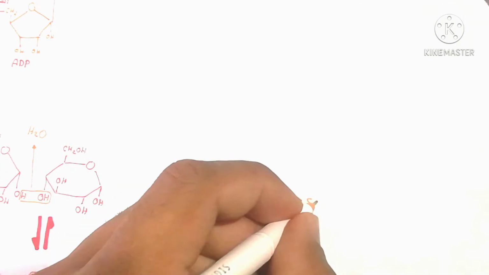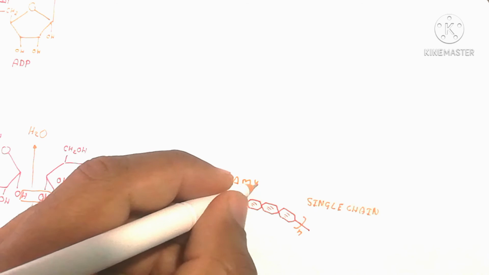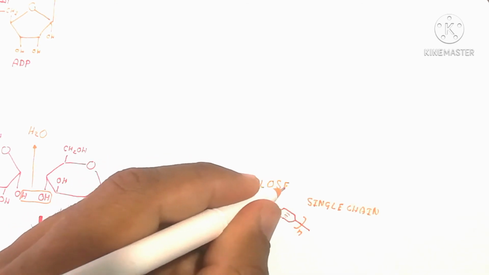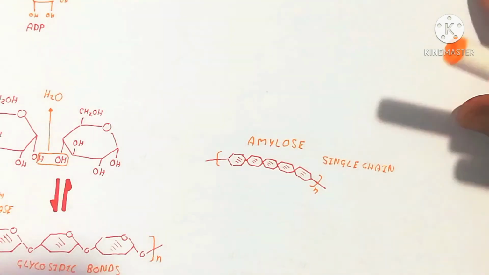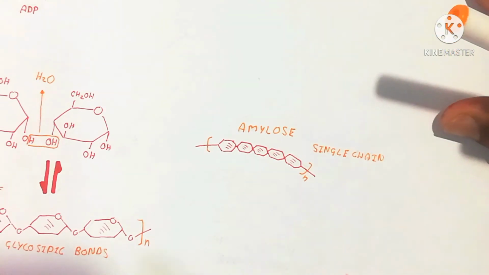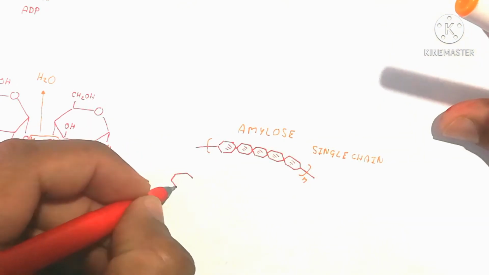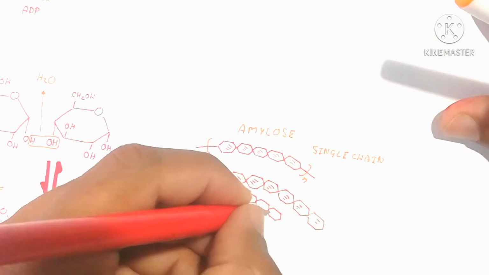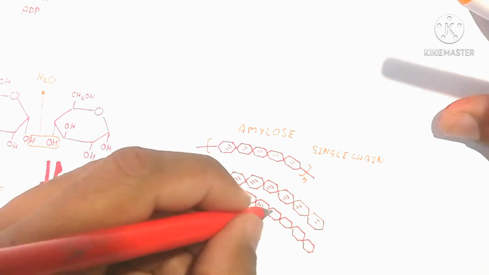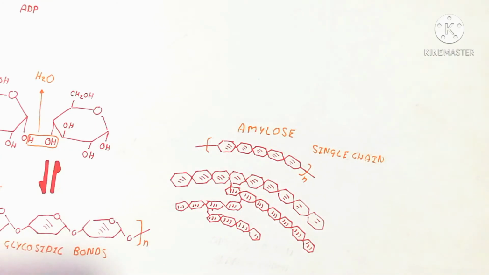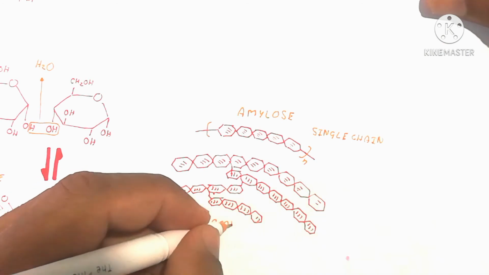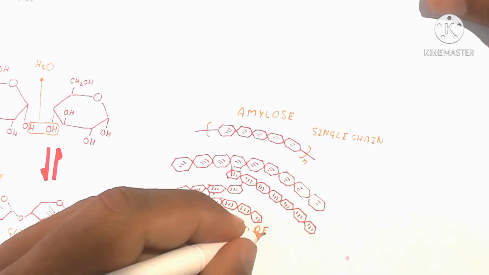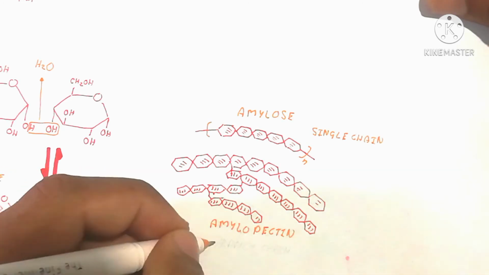Here is the single chain I am drawing again, and that single chain is known as the amylose, and these again conversion into the simple sugar by the using of enzyme is known as amylase, and that amylase enzyme converts into oligosaccharide and disaccharide, which is further converted by the disaccharase enzyme and oligosaccharase enzyme.